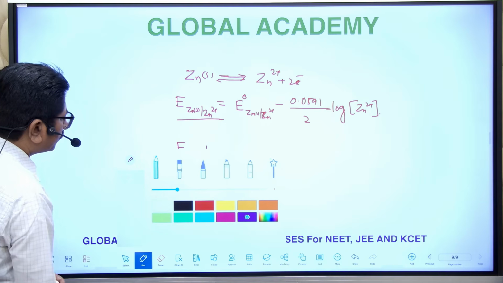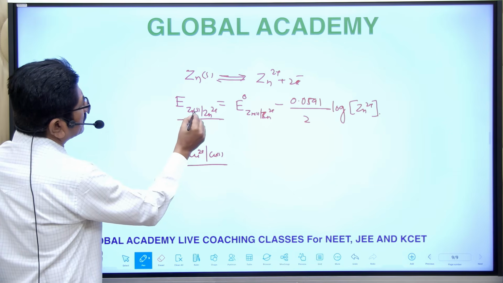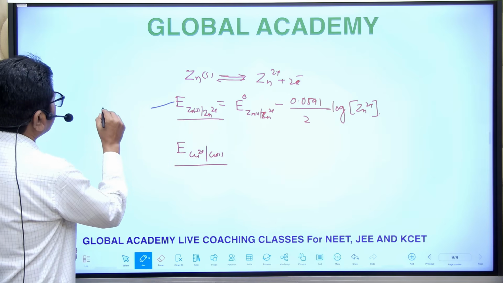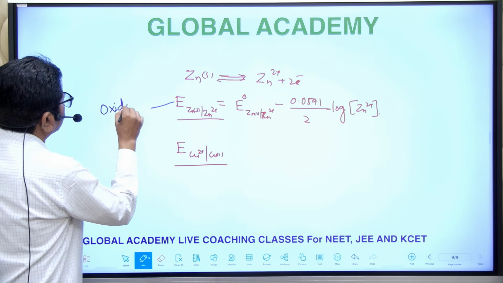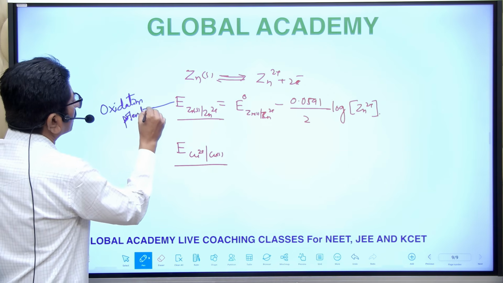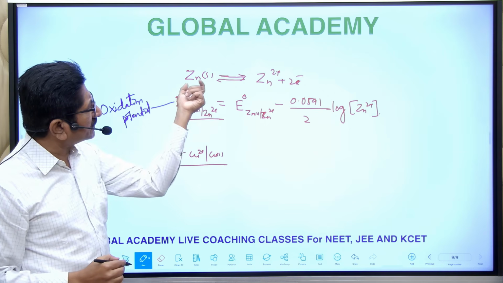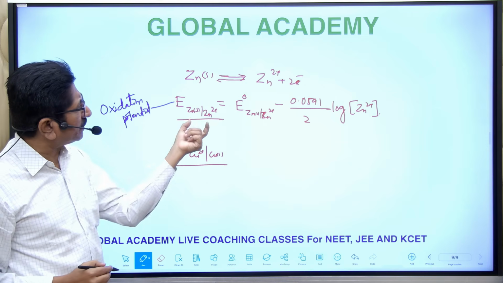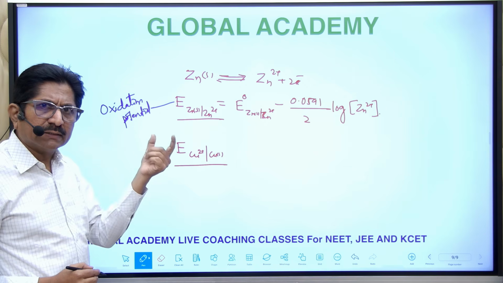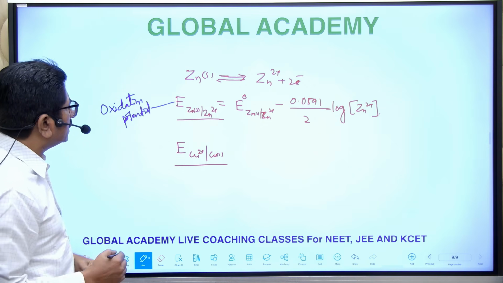This one is called the oxidation potential, because here the zinc goes to zinc ion, so oxidation is taking place. This representation shows that the reaction taking place is oxidation, and the potential you get is called the oxidation potential.